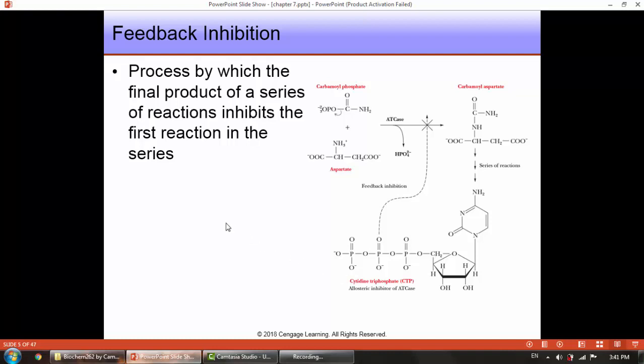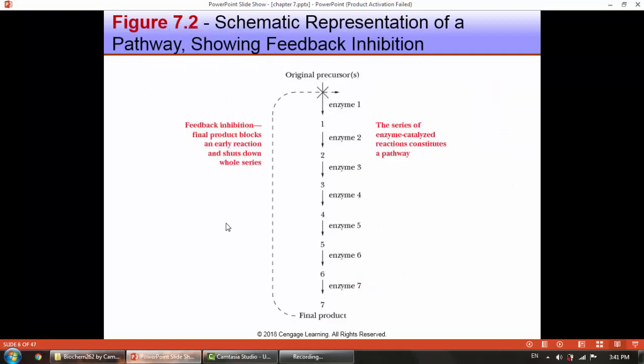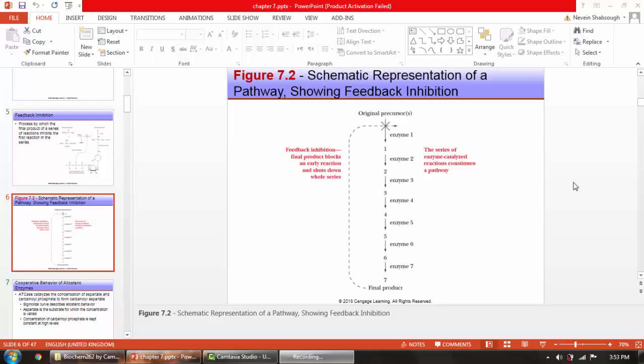And to illustrate this, this is a schematic representation of how feedback inhibition works. If you have enzyme 1 to enzyme 7, and then we have the final product number 7, when its concentration reaches a certain level, it goes all the way to inhibit enzyme number 1.